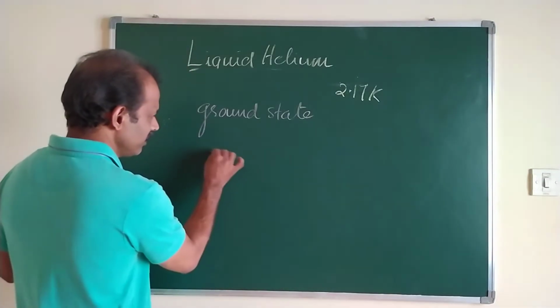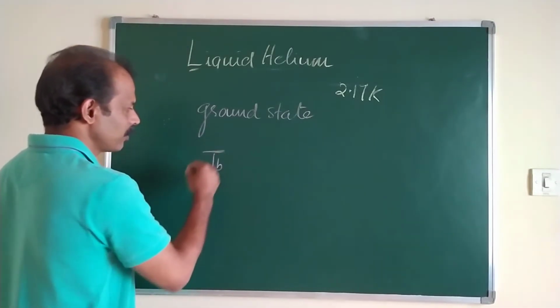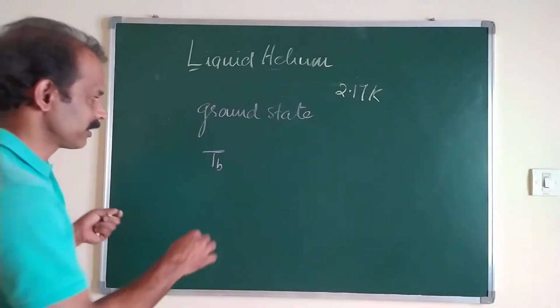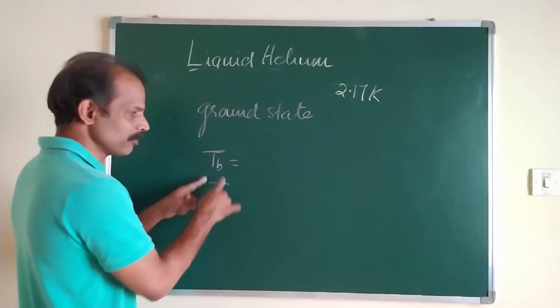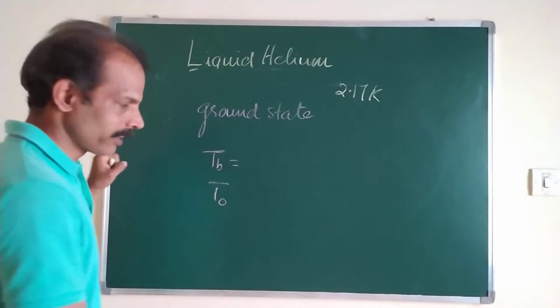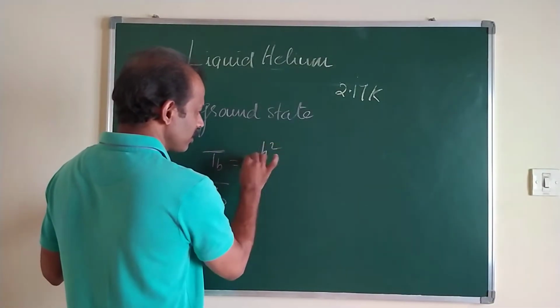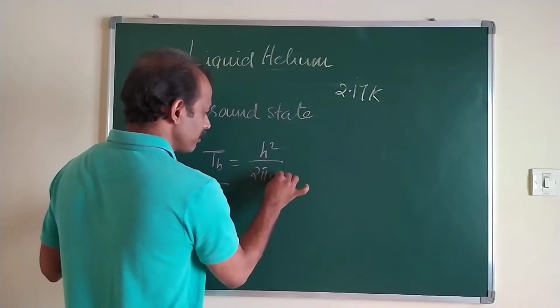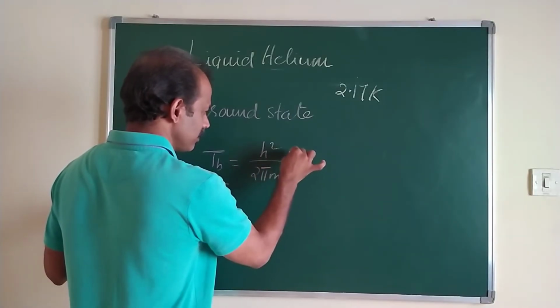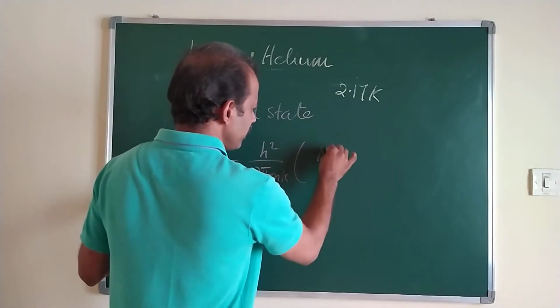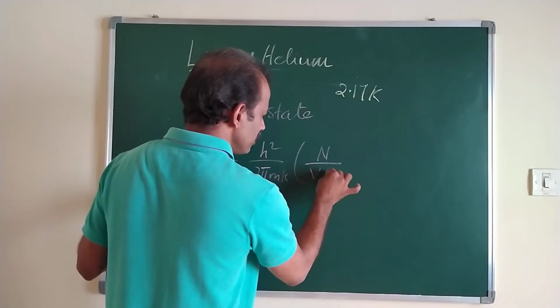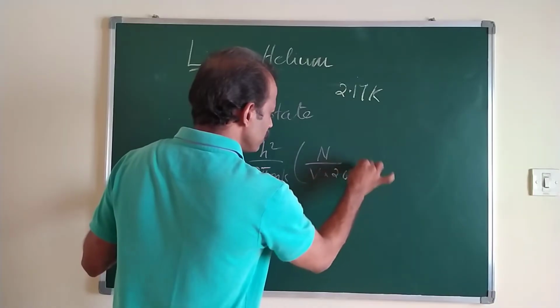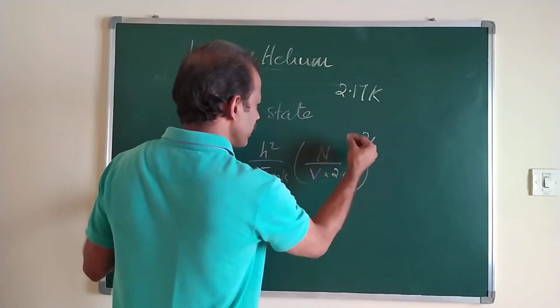And we know from our Bose-Einstein condensation, T_B or T0, that is the Bose temperature or condensation temperature, is equal to h squared by 2 pi m k into n divided by V into 2.612, whole raised to 2 by 3.